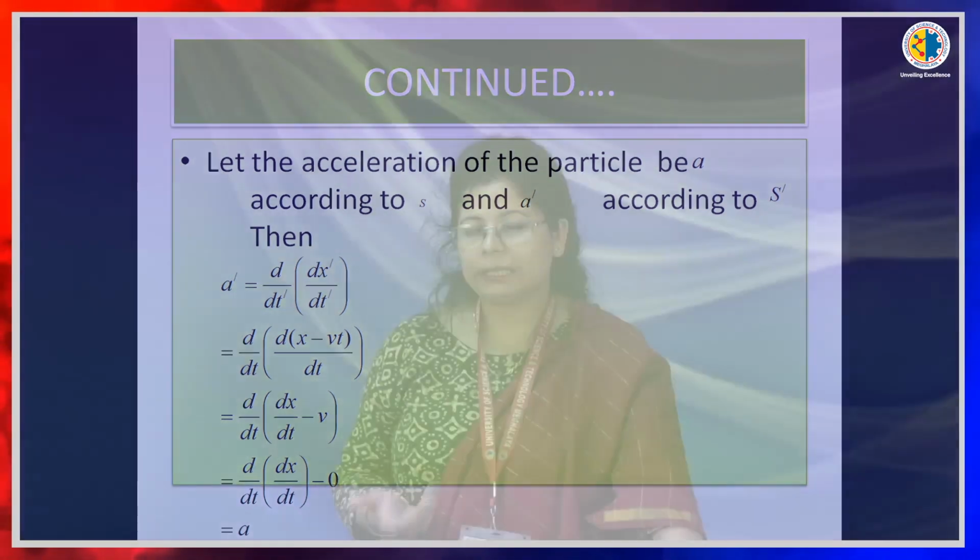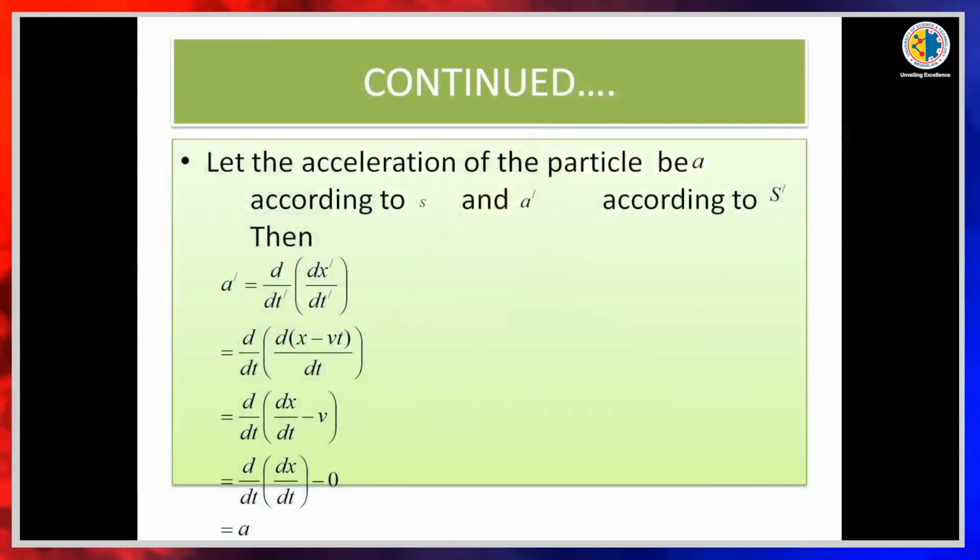As you know, the Galilean transformation equations are x dash equal to x minus vt, y dash equal to y, z dash equal to z and t dash equal to t. Applying them here, in place of x dash we write x minus vt, and after simplification we write d/dt of dx/dt minus v.